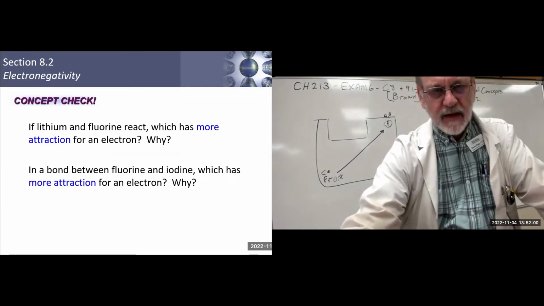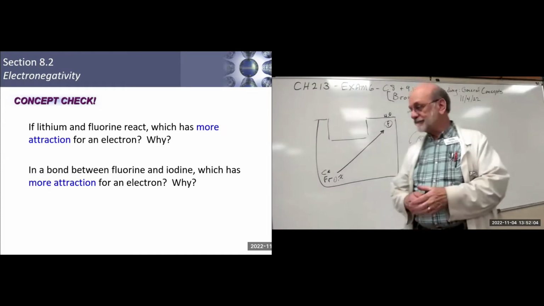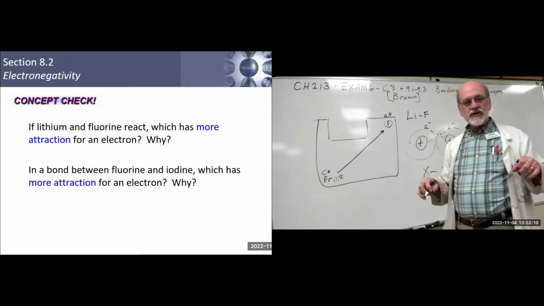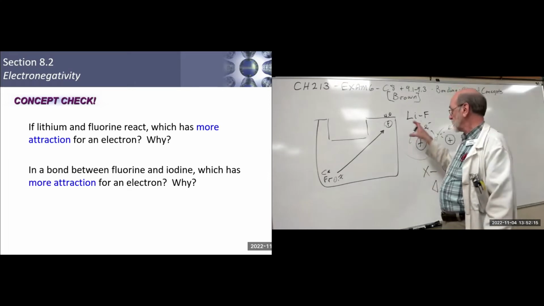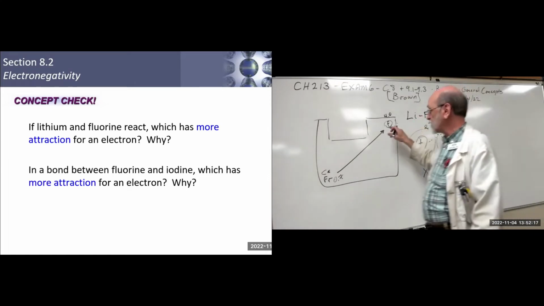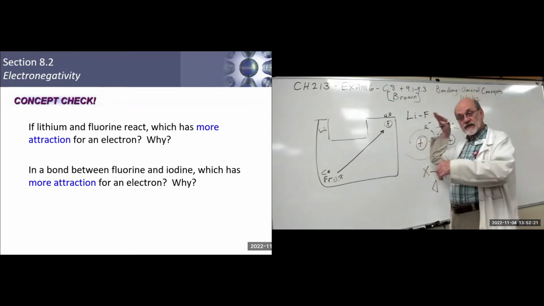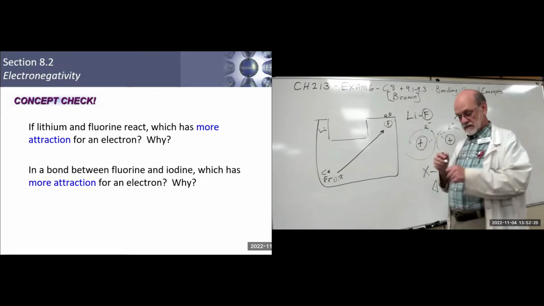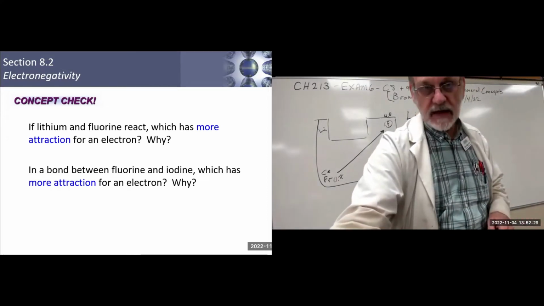All right. So if lithium and fluorine react together, which has a stronger attraction for electrons? So you look at where they are on the table. Fluorine's over here, lithium's over here, right? They're in the same period, so fluorine should be the stronger attractant for electrons.